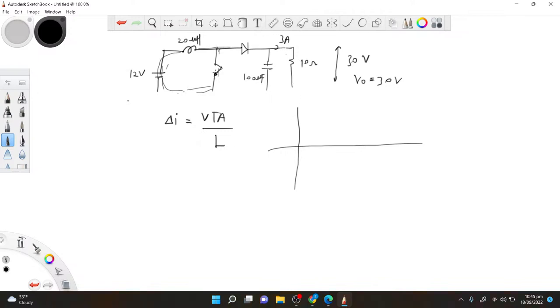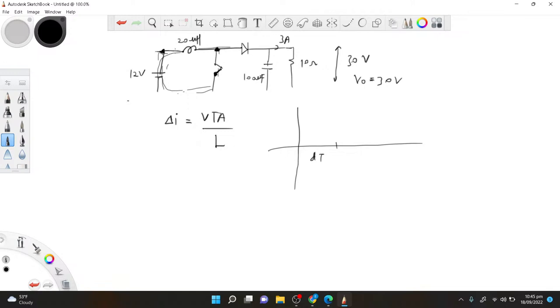So for the DT, when this is closed, the voltage across the inductor is what? There's nothing going through here, so it's 12.